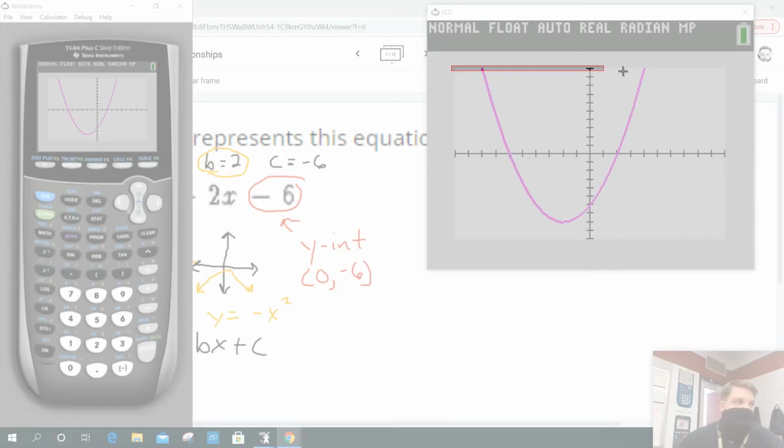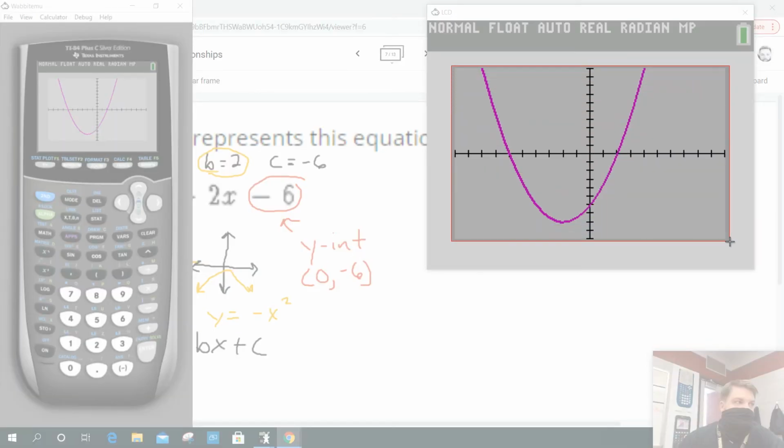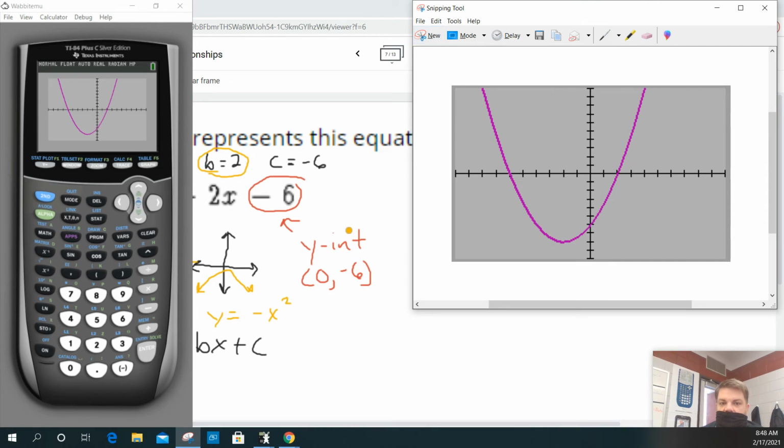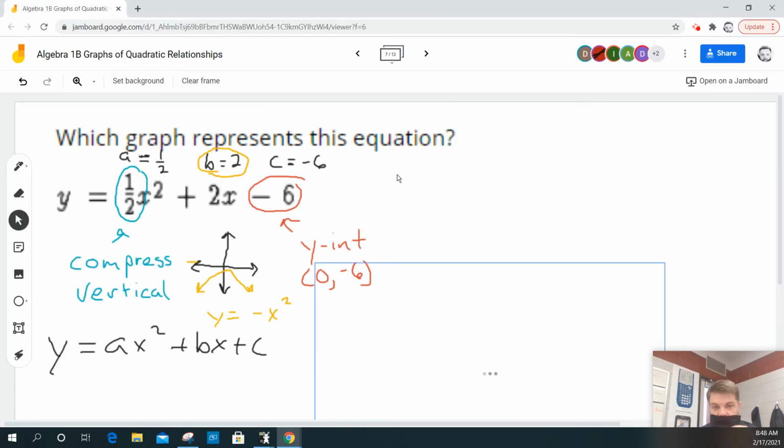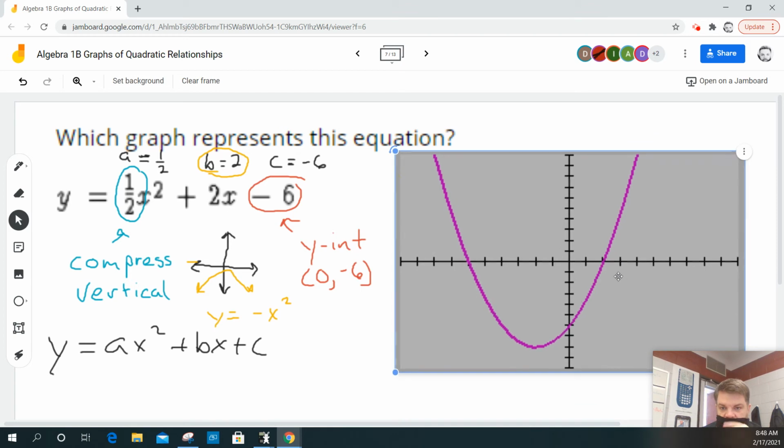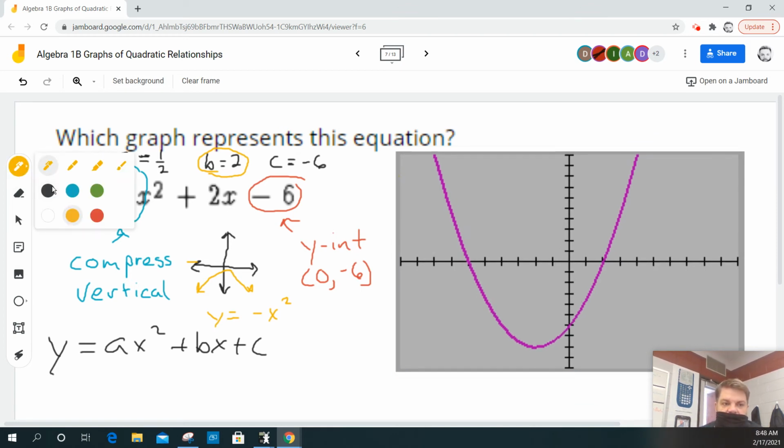And I'm just going to copy and paste this right here on the screen. So the key features that we're going to be mindful of are the intercepts. Okay. This is occurring at 1, 2, 3, 4, 5, 6, -6, comma 0.